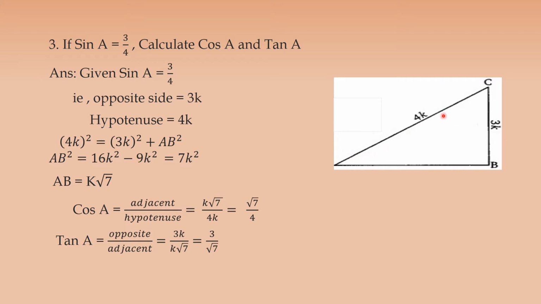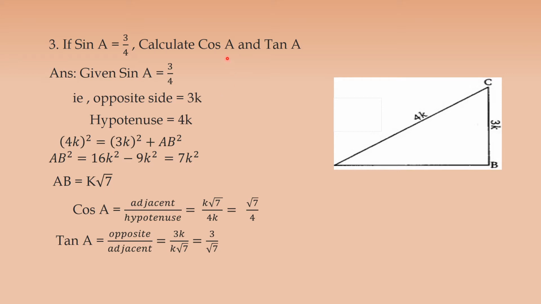Applying the Pythagoras property to find the missing side AB, it will be 4k whole square is equal to 3k whole square plus AB square. Therefore, AB square will be 16k square minus 9k square, which is 7k square. Therefore, AB is equal to k root 7.